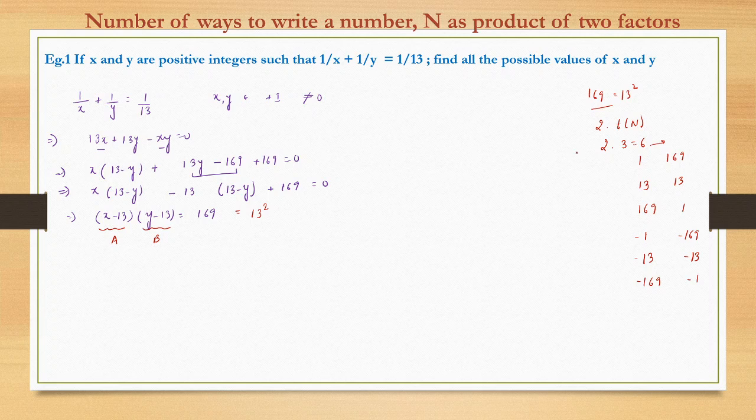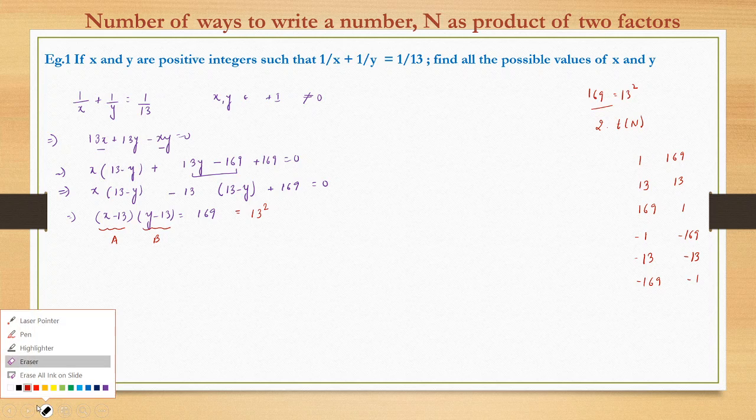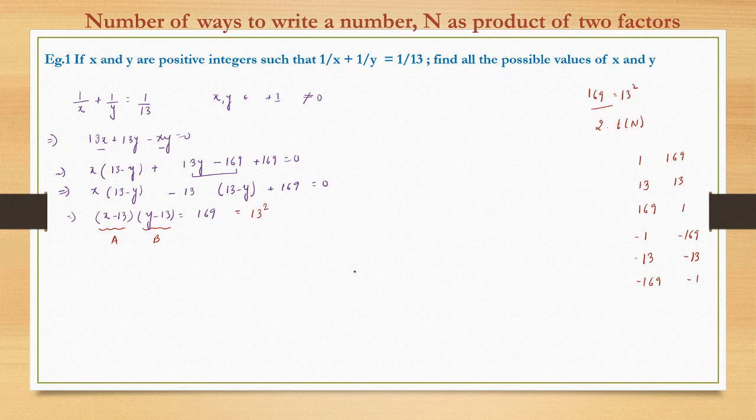Okay, so let us see here. These are the values of a and b, so this will become 2 into 3, which is 6. Now let this be a and let this be b.